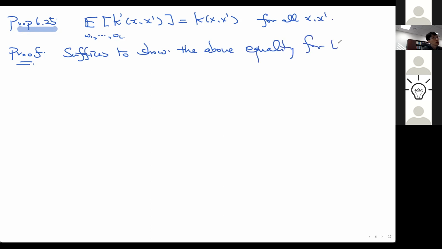Then you can use linearity and derive what's claimed in the proposition. And actually the form of the proposition is for the case when L is equal to 1.